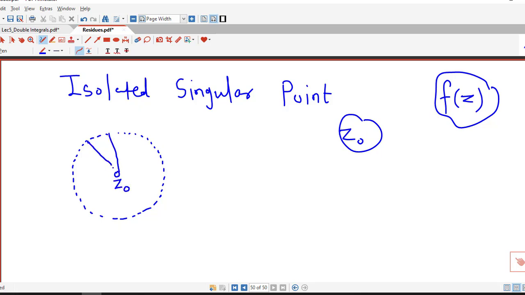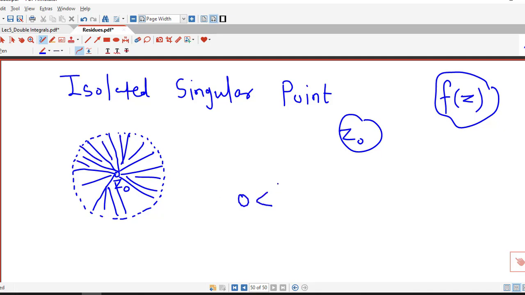Deleted neighborhood means set of all points inside this circle except this center z0. It is represented by 0 less than absolute value of z minus z0 less than r, this radius is r.